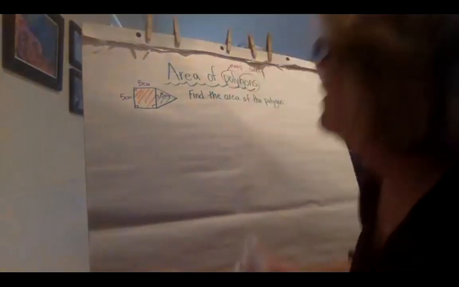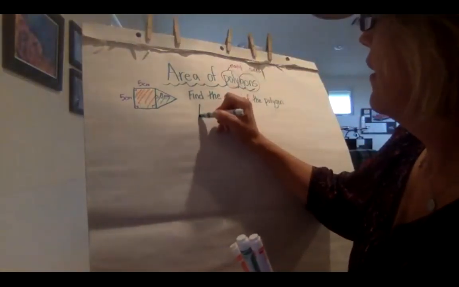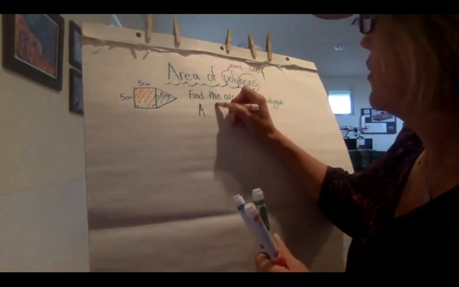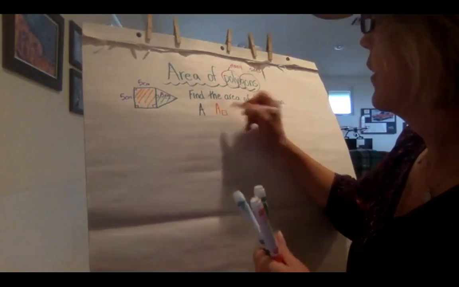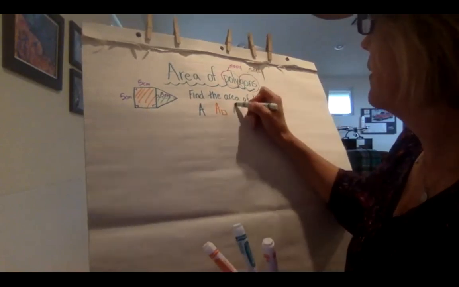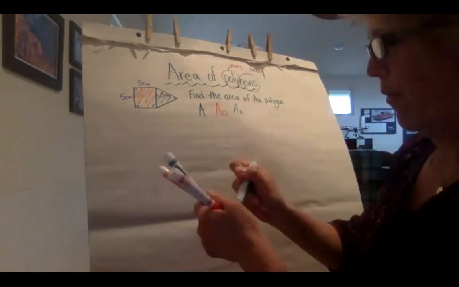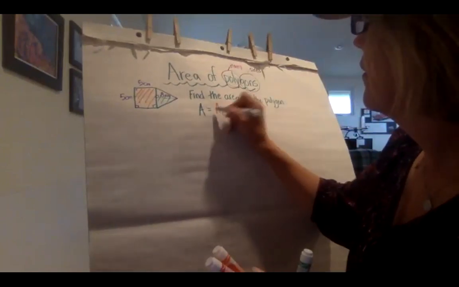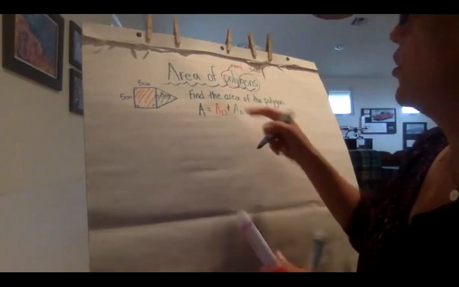So the area of that whole shape is equal to the area of the square plus the area of the triangle. Now I'll put some symbols in there to help me remember what I'm doing here.